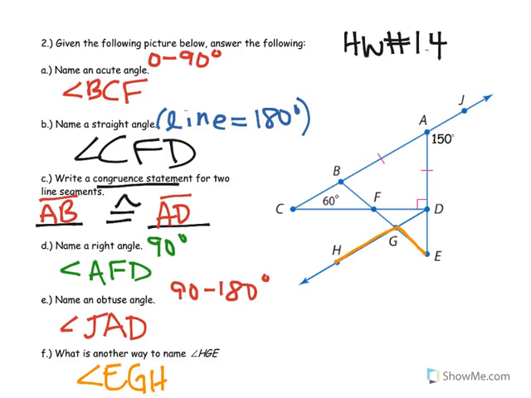If you thought angle G would have worked because it's the vertex, we can't use angle G because there are 1, 2, 3, 4 angles that all have that vertex, right? So you're not really sure which one you're talking about, okay? So in this case, if we're going to answer letter F, we're going to use 3 letters, and we're just going to change up the order, making sure that G is in the middle.